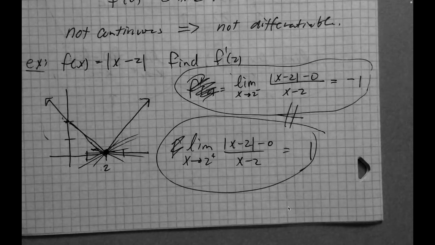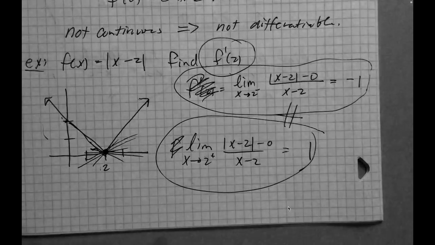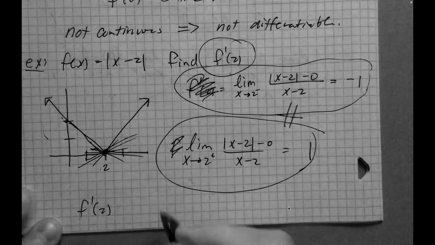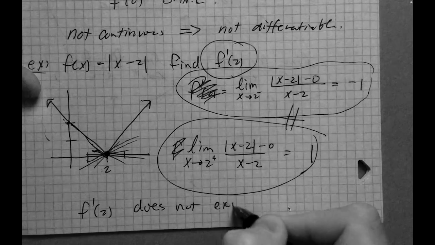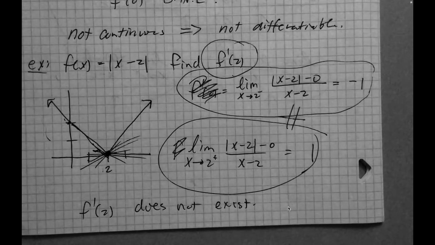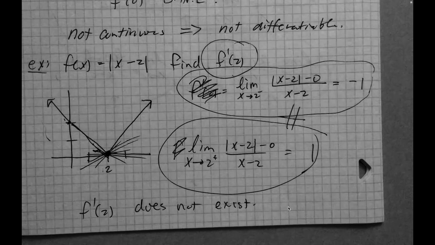You can't calculate an actual derivative at this point. So f prime of 2 does not exist. Okay, even though this function is perfectly continuous here. There are no gaps, there's no hole in the domain, there's no non-removable discontinuity, no asymptote, nothing weird.